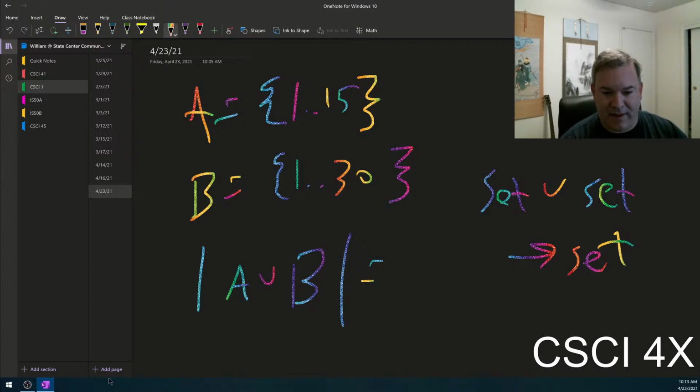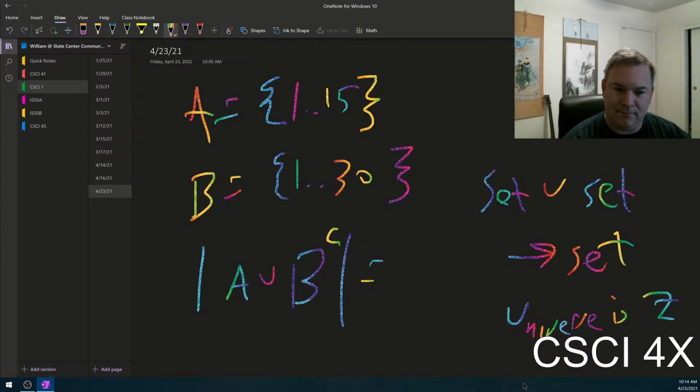What is the size of A union B complement? Our universe here is Z. So our universe is all integers. What is the size of A union B complement?